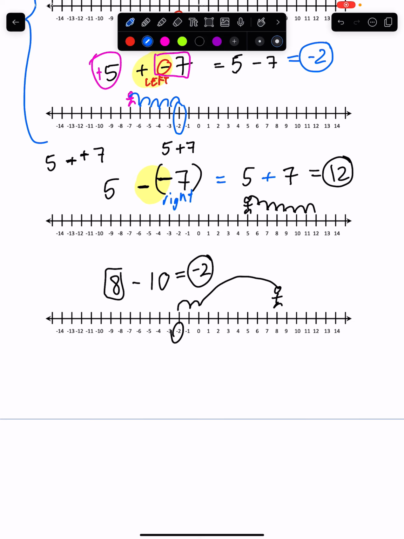And again, just to hammer the point home here, you could instead anchor yourself at -10. And then this 8 is positive. You could move 1, 2, 3, 4, 5, 6, 7, and 8. Boom, you're still at -2, whichever way you slice it.